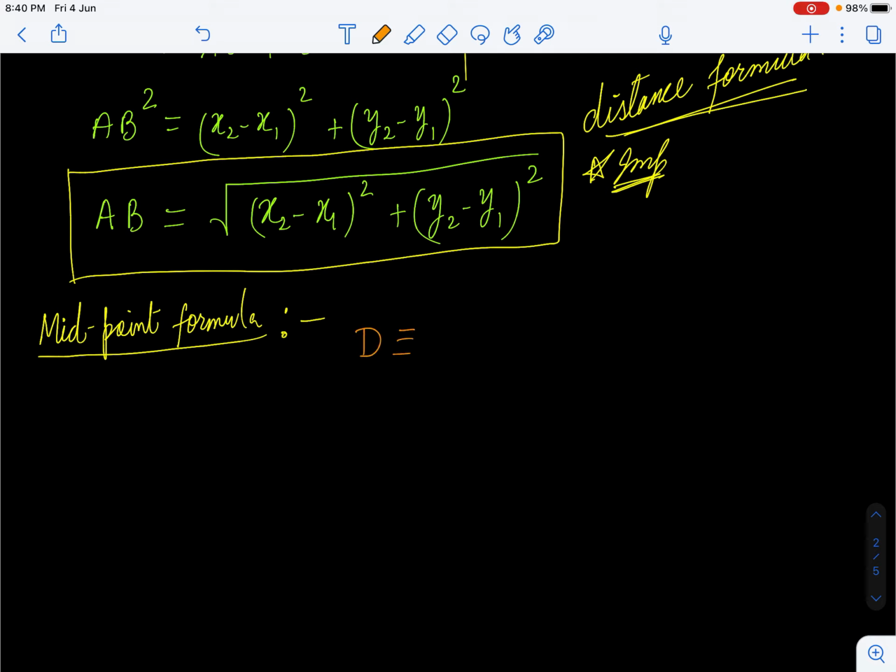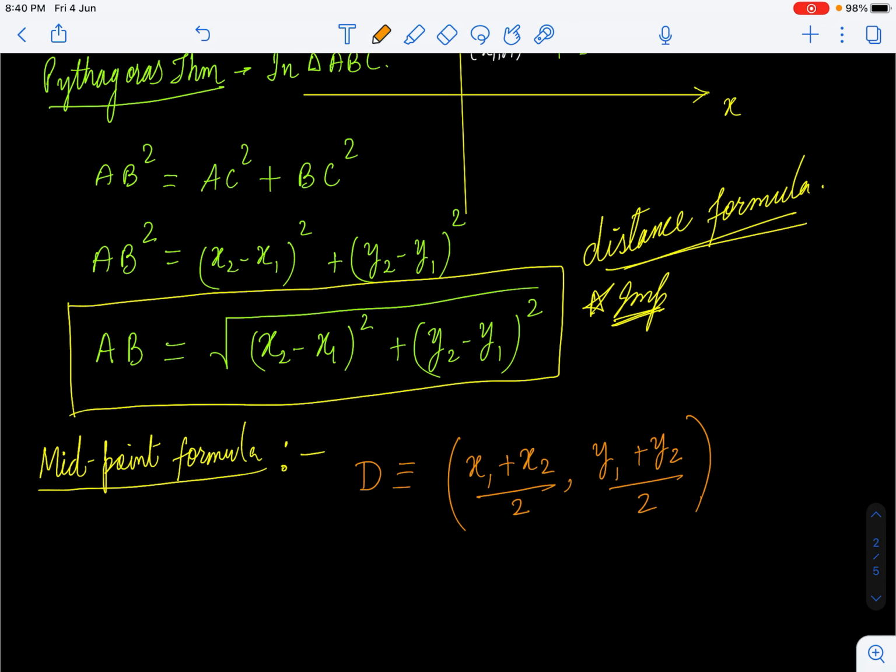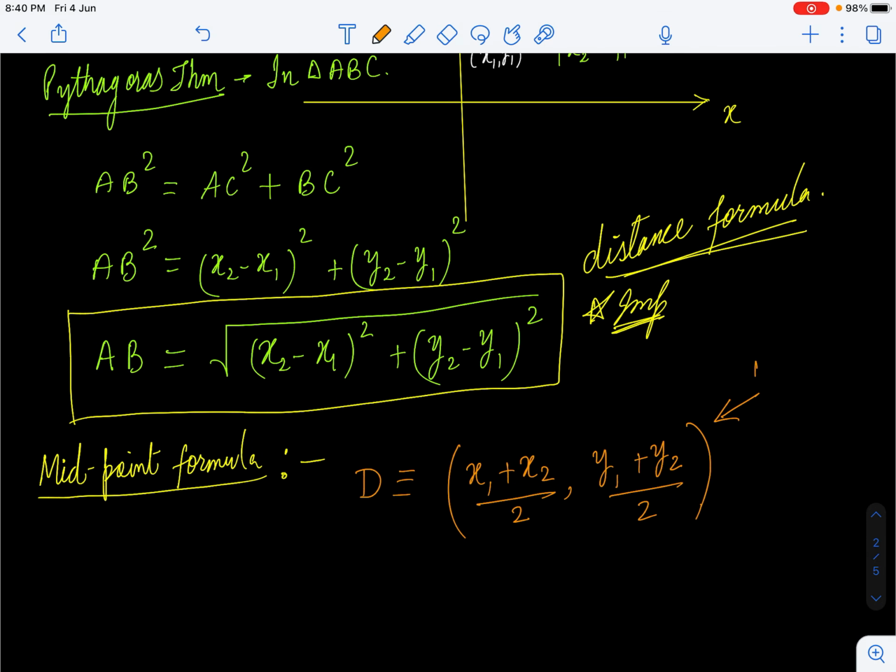So the coordinates of D will be x1 plus x2 by 2 comma y1 plus y2 by 2. Basically, take the average of the x and y coordinates. That will give you the midpoint. You need to remember this also.